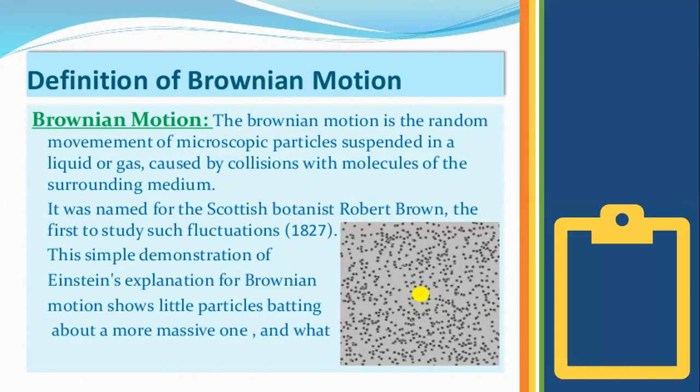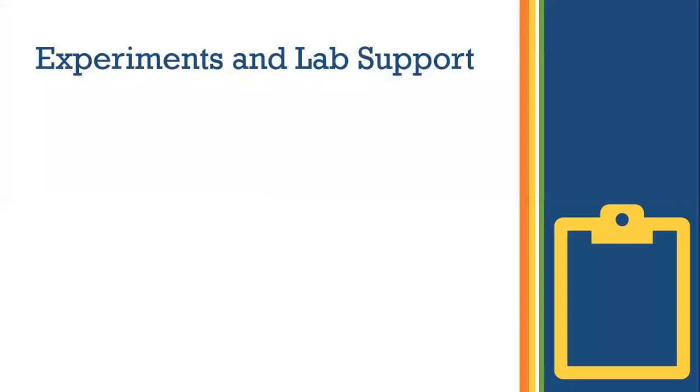All right? Now, we're going to show you some experiments and lab support. Experiments that we usually do in the laboratory to prove diffusion, first of all, we normally use potassium permanganate and water, and we observe diffusion in hot water and in cold water.